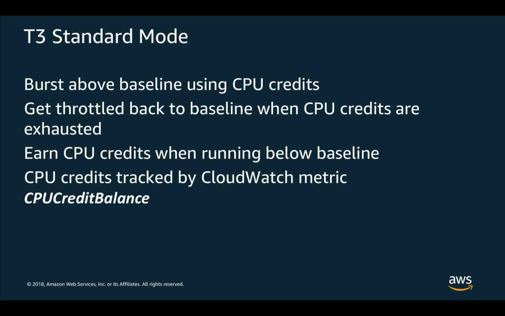The number of accrued CPU credits is tracked by the CloudWatch metric called CPU credit balance. If the instance is running low on accrued CPU credits, performance is gradually lowered to the baseline performance level so that the instance does not experience a sharp performance drop-off when its accrued CPU credit balance is depleted.